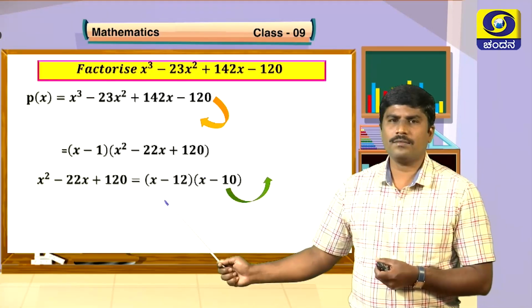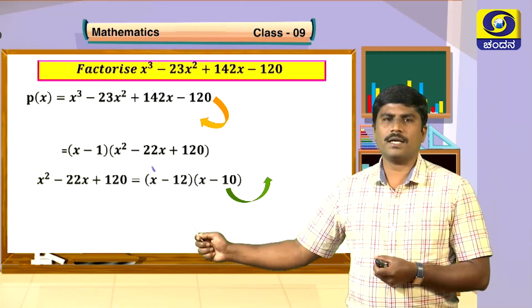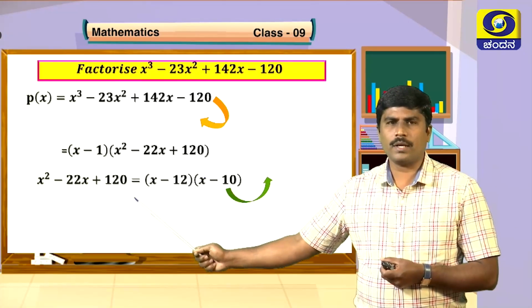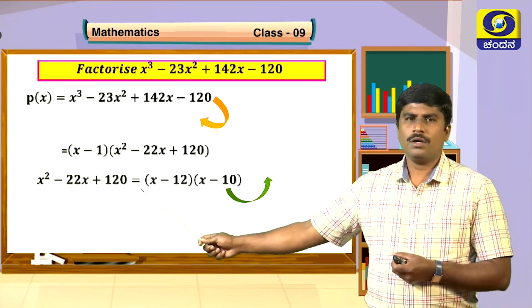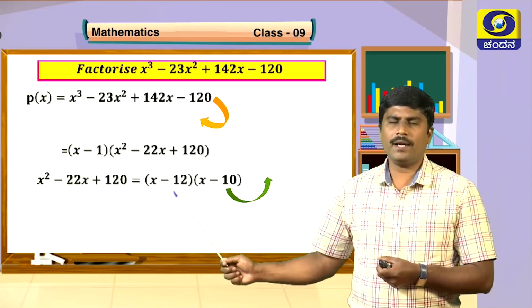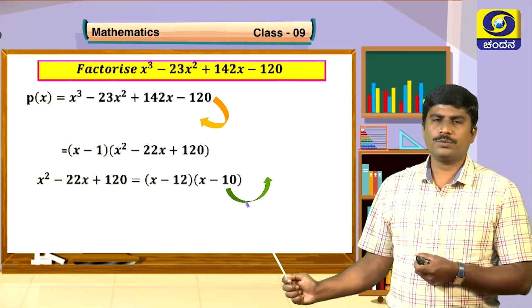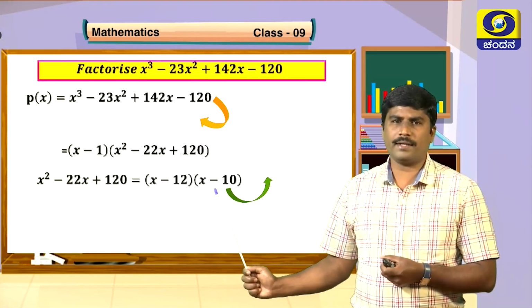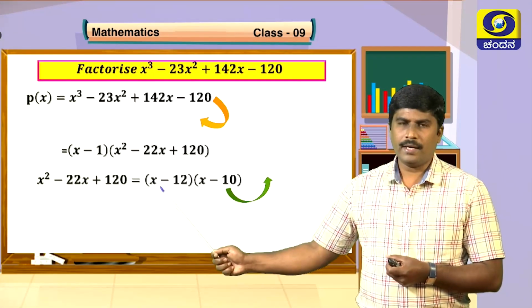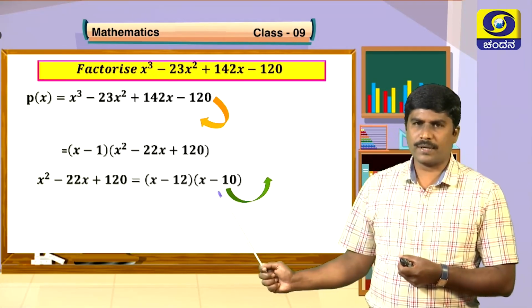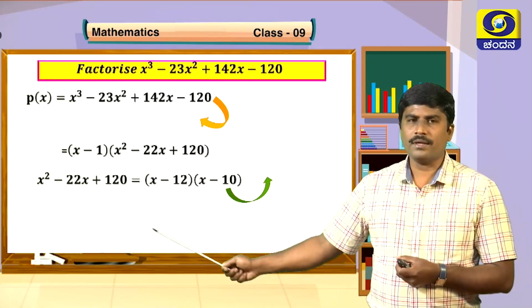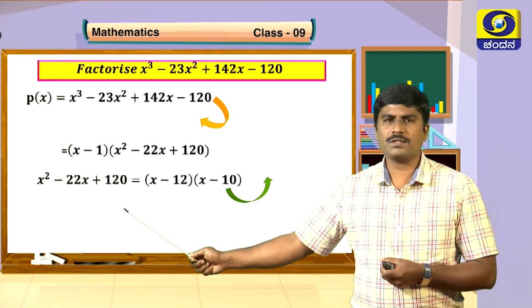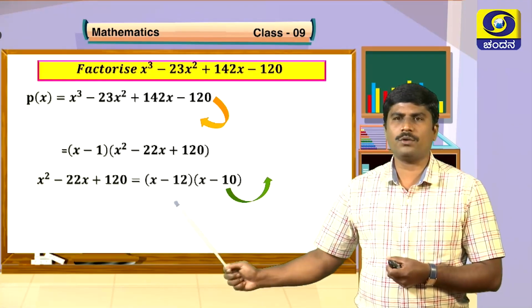If you take 120, 12 into 10 is equal to 120. If you add 12 and 10, you will get 22. So we get x minus 12 and x minus 10 as the factors of x square minus 22x plus 120.